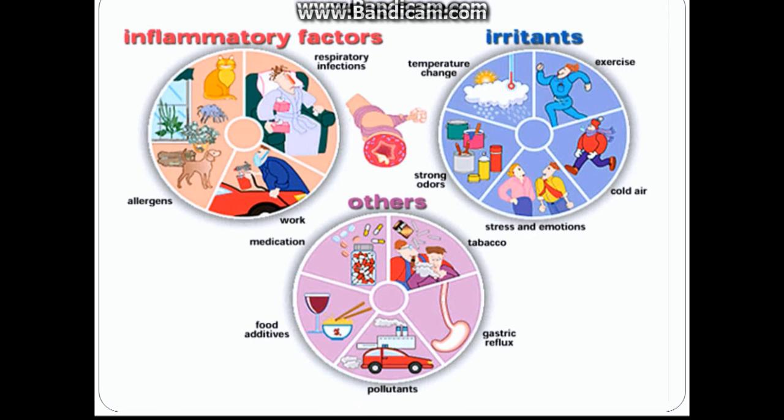Triggers. When we talk about triggers, it's real important that you learn what triggers your asthma attacks. What you need to do is keep a daily diary and know what those triggers are. According to Asthma Facts, we don't know for sure what causes asthma, but we do know that attacks are sometimes triggered by allergens like pollen, mold, animal dander, dust mites, sometimes even exercise, occupational hazards.